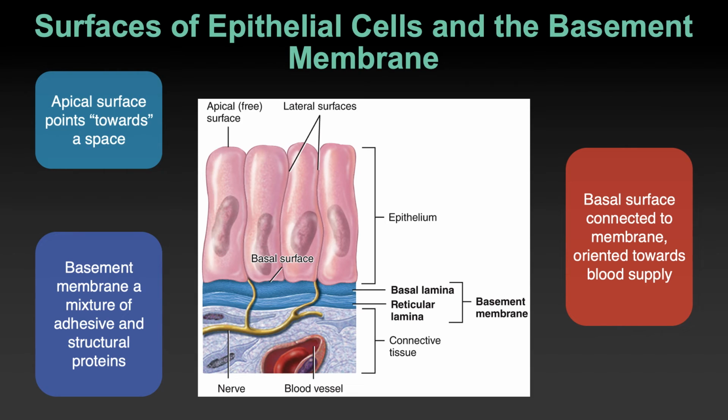Yeah, question in the back. It is pointed towards an opening. Yes. It could be the surface of the skin. It could be into the abdominal cavity or into a blood vessel. Absolutely, depending on the type of epithelium. And that might be slightly confusing at first because we're talking about blood vessels supplying the tissue making a blood vessel.